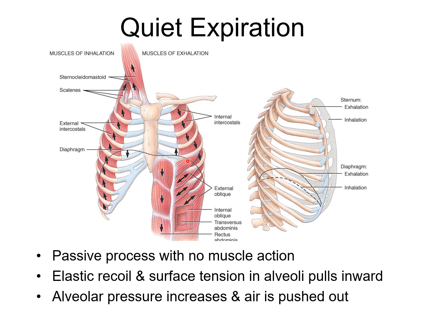It's kind of cryptic on this slide, but the external intercostal muscles will lift on the rib cage, and the diaphragm will be contracting, so the diaphragm will flatten, and that increases the volume of the thoracic cavity for inhalation.